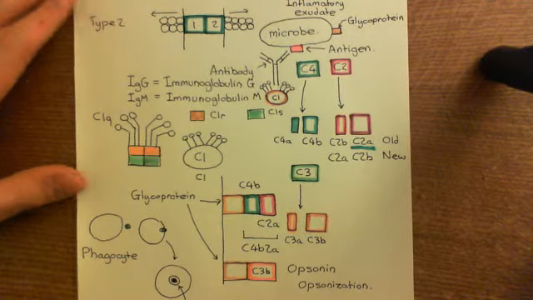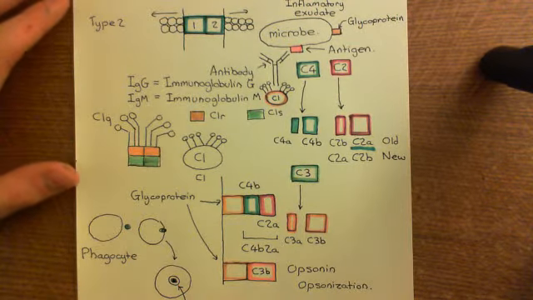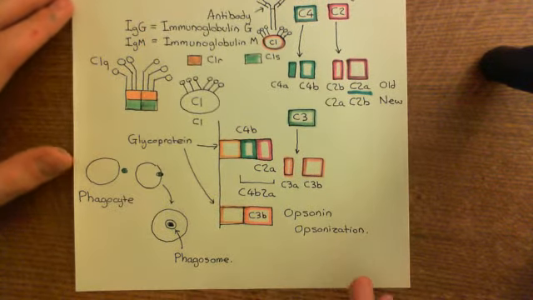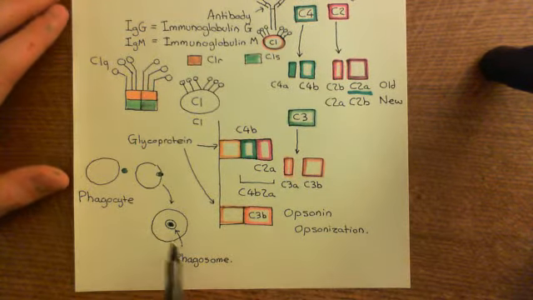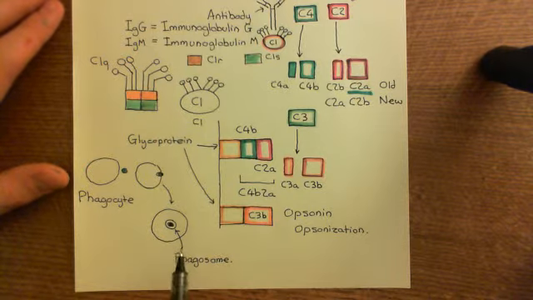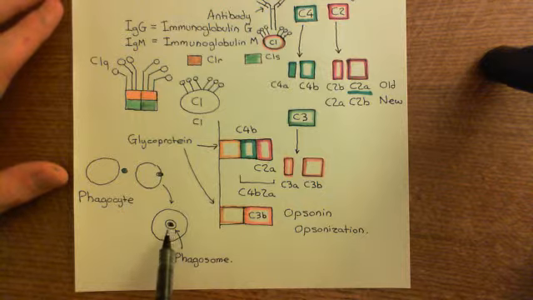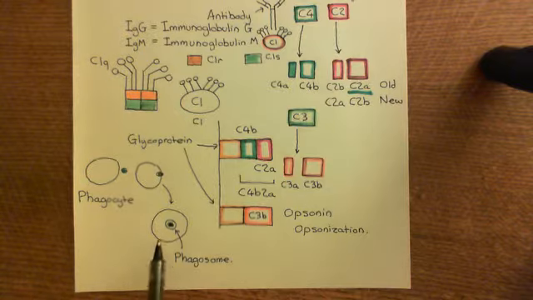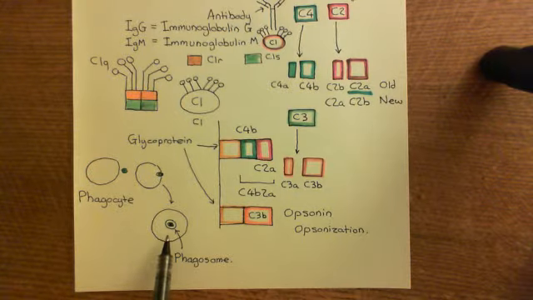Now this phagosome will fuse with lysosomes, which contain enzymes which will break down the bacteria within the phagosome. So you're going to destroy the bacterium once it's been phagocytosed. It will be engulfed into the phagosome and then it will be destroyed.